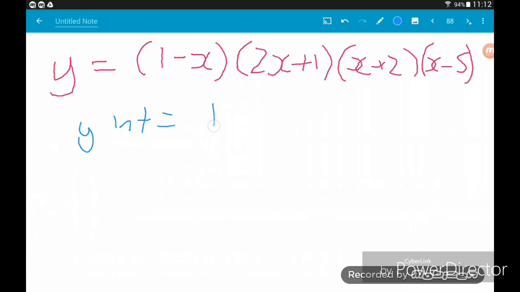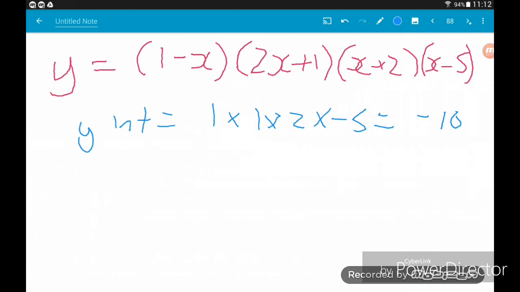So we've got 1 times 2 times minus 5. Now that is going to give us minus 10. So our y-intercept is minus 10.